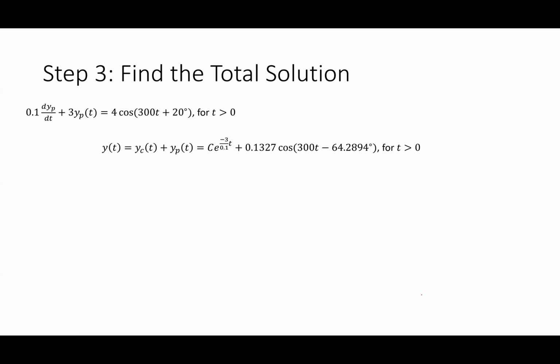I still have an unknown. So this is where I want to figure out that unknown C. How do I figure that out? Try y of 0, it's pretty easy. Y of 0 I said was equal to 10. So 10 equals C e to the 0, which is 1, plus, now what do I do with this ugly one?